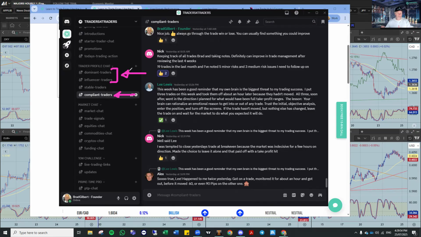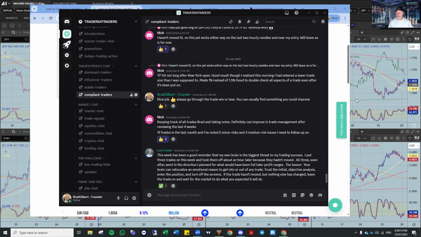That doesn't mean they don't have systematic processes, but they're more higher risk profiles. The stable and compliant traders, which I'm part of, I'd like to see a process. I like to have a checklist and I like to see all the ducks line up and then I trade. That's how this program works. It is very compelling for all traders to be a part of.